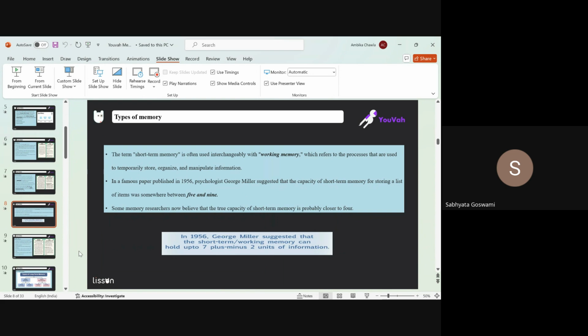So, he gave us a magic number 7 plus minus 2, which meant कि जो हमारी शॉर्ट टर्म मेमोरी होती है उसकी कैपेसिटी is between 5 to 9 numbers, right? So we tend to remember better when the range of information is between 5 to 9, and anything higher than that is often difficult to recall. Can we move forward?